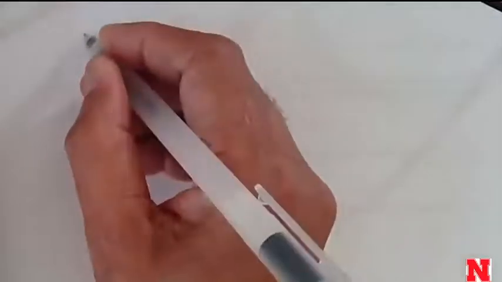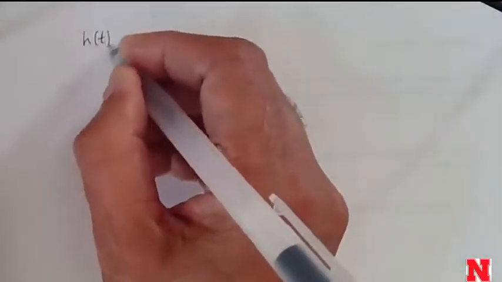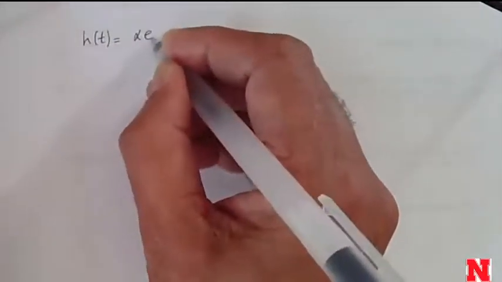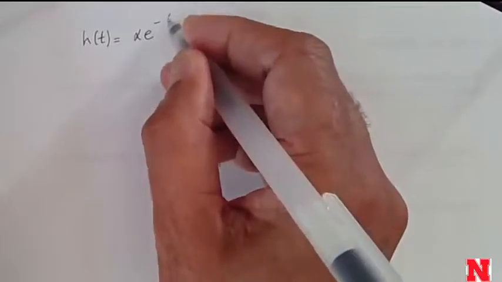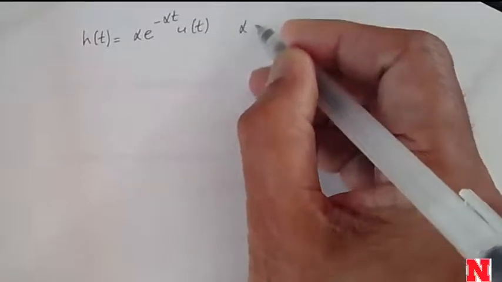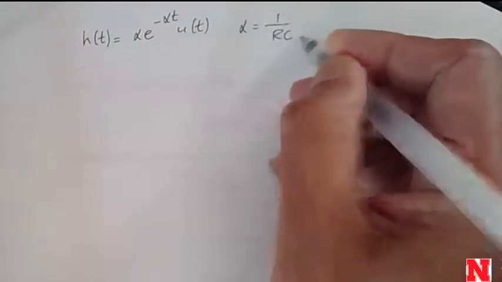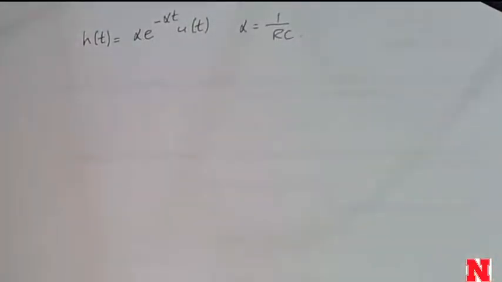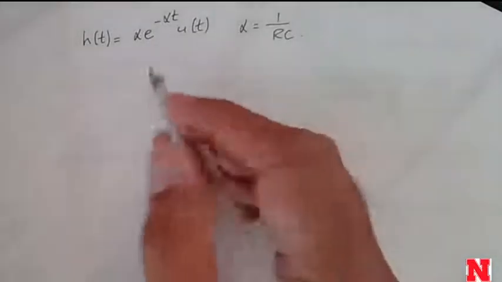So the impulse response of the RC filter was h of t equals alpha e to the minus alpha t u of t, where alpha was just equal to 1 over RC. So that was my RC filter. And what I want to do is go through a couple of different inputs for this and then compare what you would get from the convolution integral and what you get with the transform method.